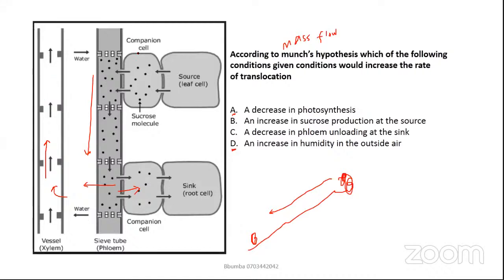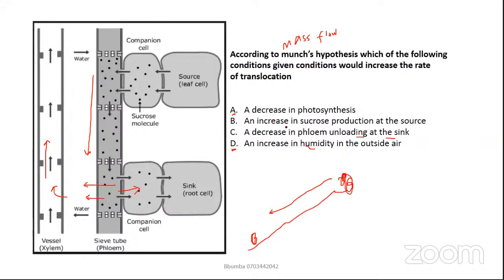And once humidity is high, the rate of transpiration is going to be low. So this water that is building up here is not moving well. So you find that the pressure gradient is going to be reduced in the end, and so the rate of translocation will also lower. But for C, a decrease in phloem unloading at the sink.